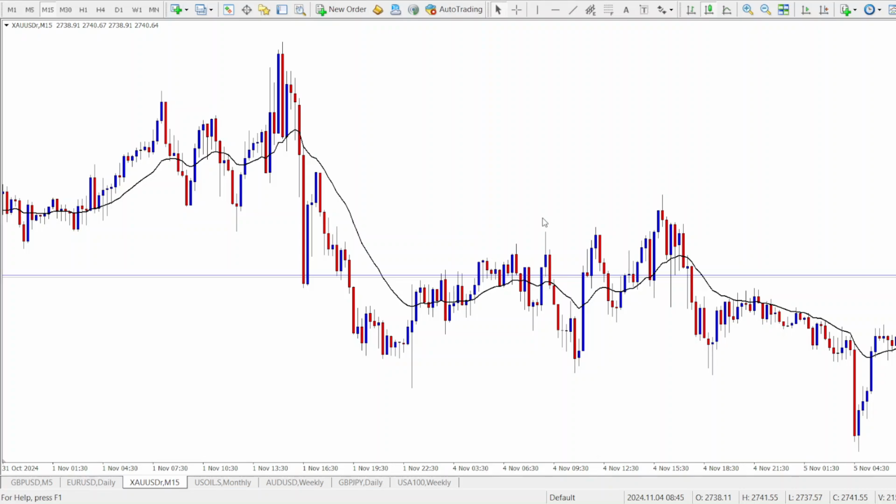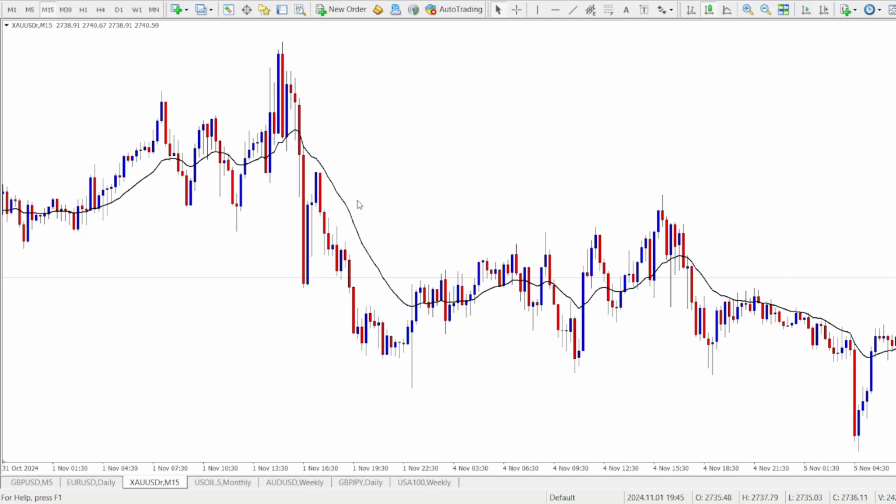One of the most important reasons why intraday traders use moving averages is because they are quick to respond to price changes, especially shorter moving averages.